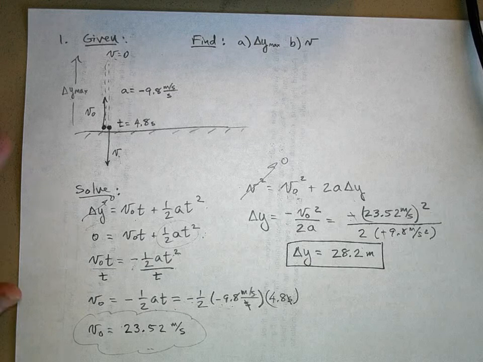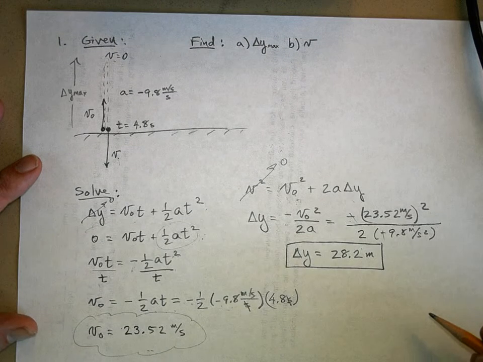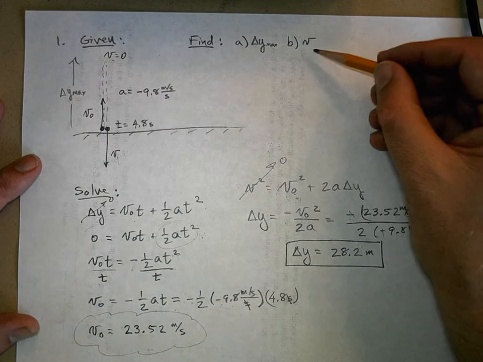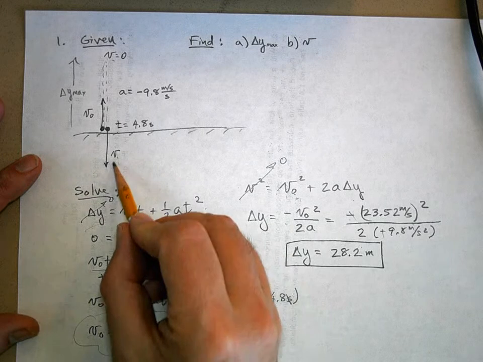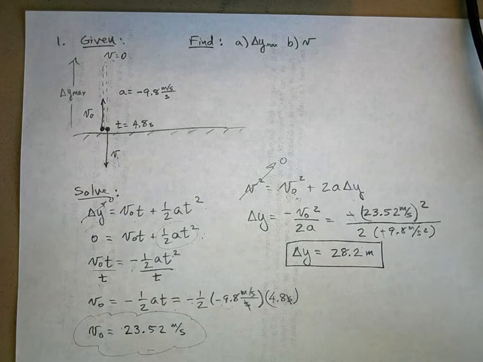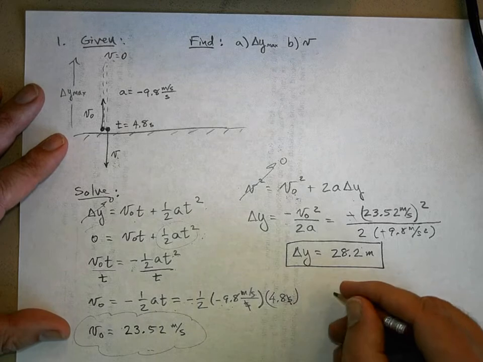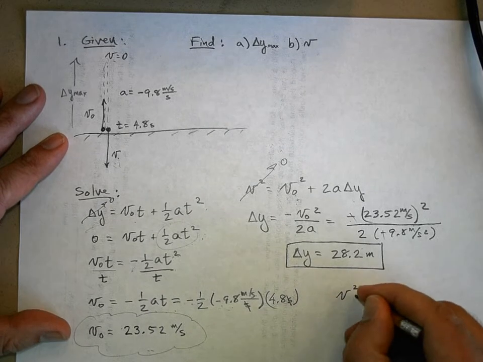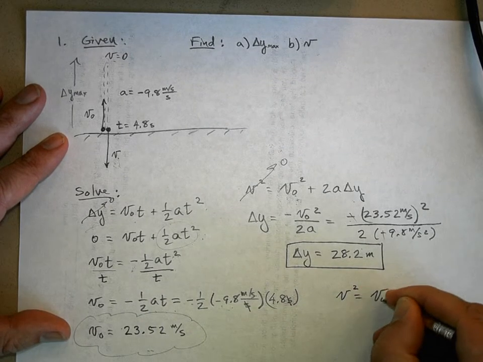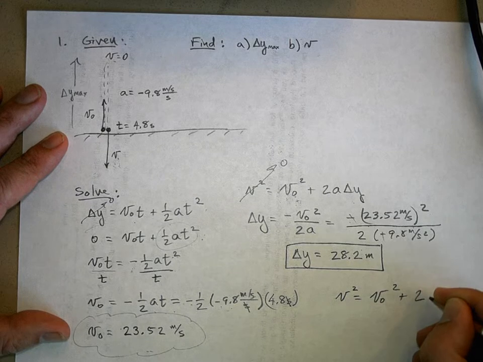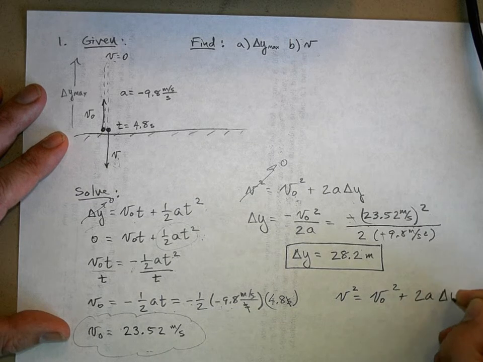Okay, so now we're ready to solve for the final velocity down here. And I'm going to, again, use the fourth kinematic equation to do it because it's easier to do that way. There's multiple ways to do this problem, by the way. There's lots and lots of ways. V squared equals V naught squared plus 2a delta y.